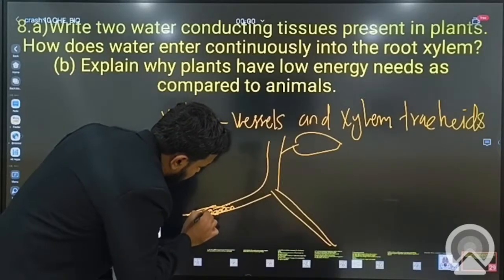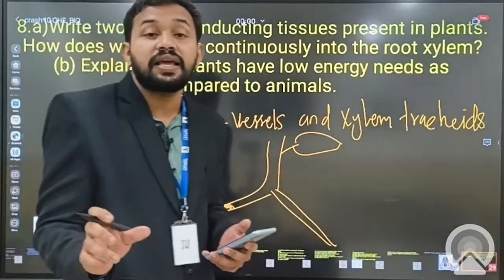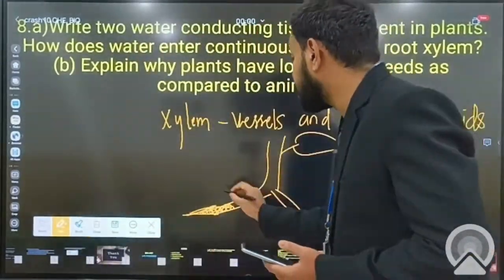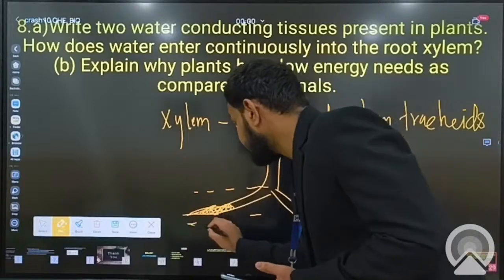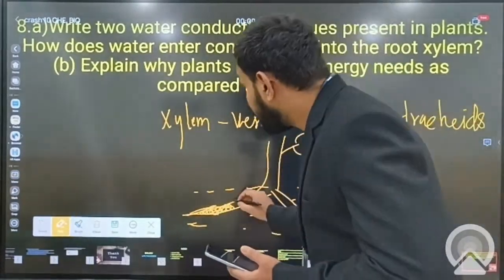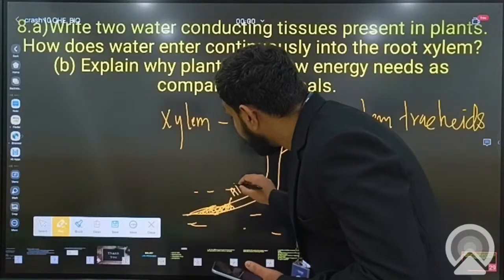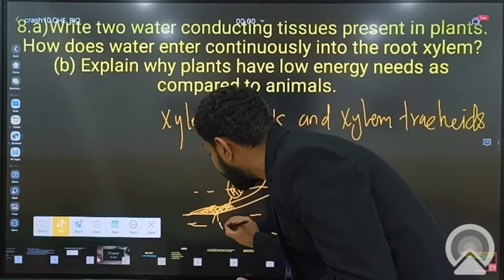The root contains root cells. The root cells actively absorb minerals from soil. What do you mean by active absorption? The cells provide some energy in the form of ATP for the absorption of ions.